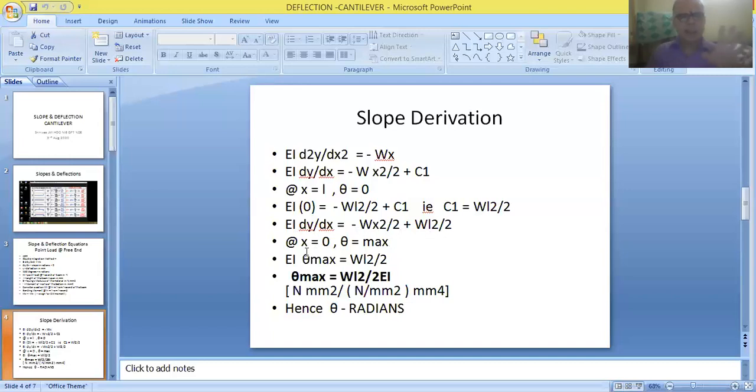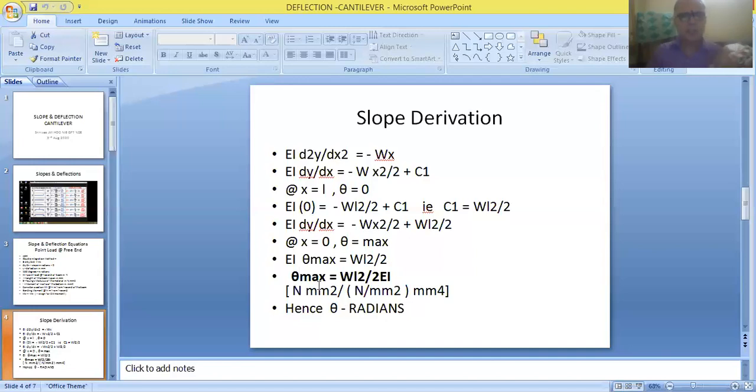Now, at x equal to 0, we are moving from the free end to the fixed end of the beam. So at x equal to 0, the theta will be maximum. The slope of the beam will be maximum. So therefore, for EI theta max, you take the value of x as 0 in this equation. Ultimately, you will be left with this value, WL square by 2.